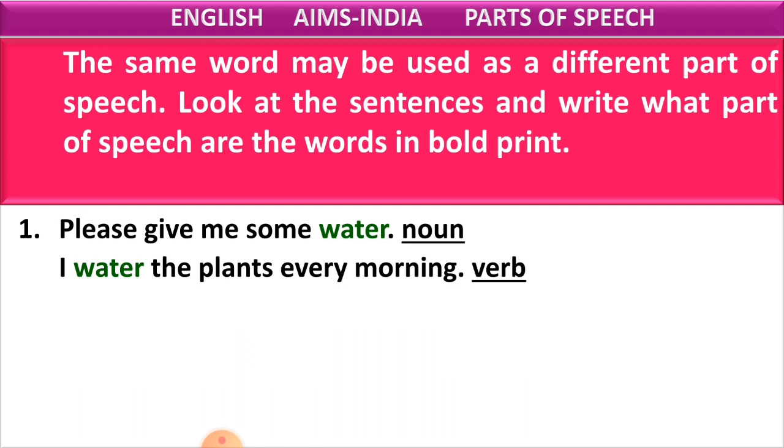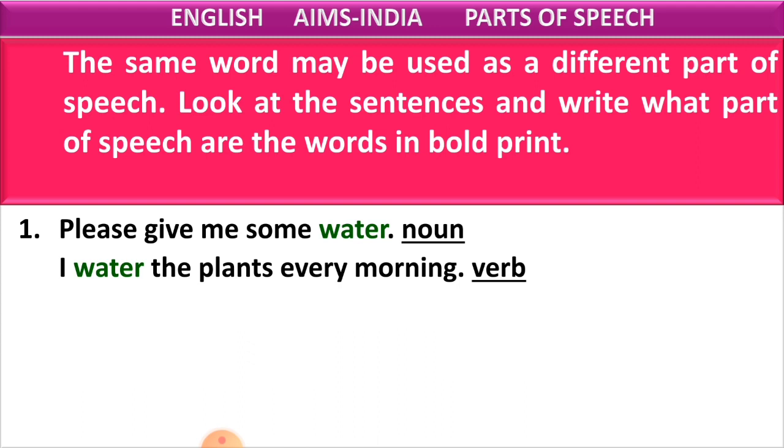Look at the sentences and write what part of speech are the words in bold print. So clear children, the same word, what happens in English grammar is it comes under different parts of speech. Now we have to identify which particular word comes under which part of speech in a particular sentence.